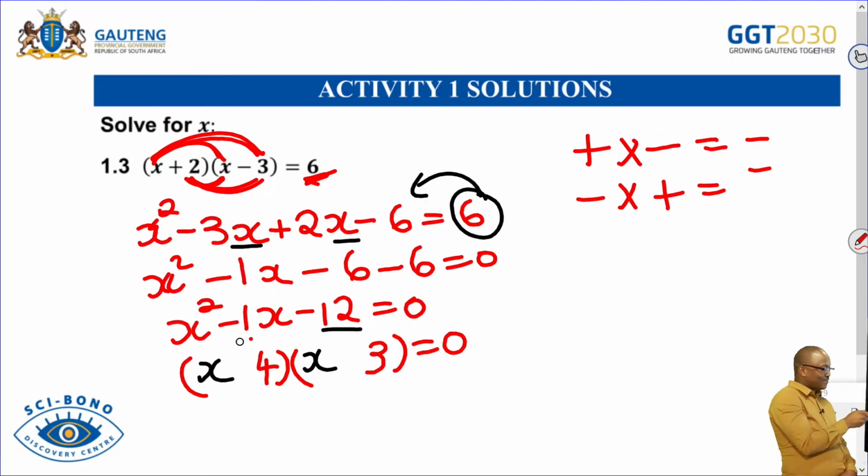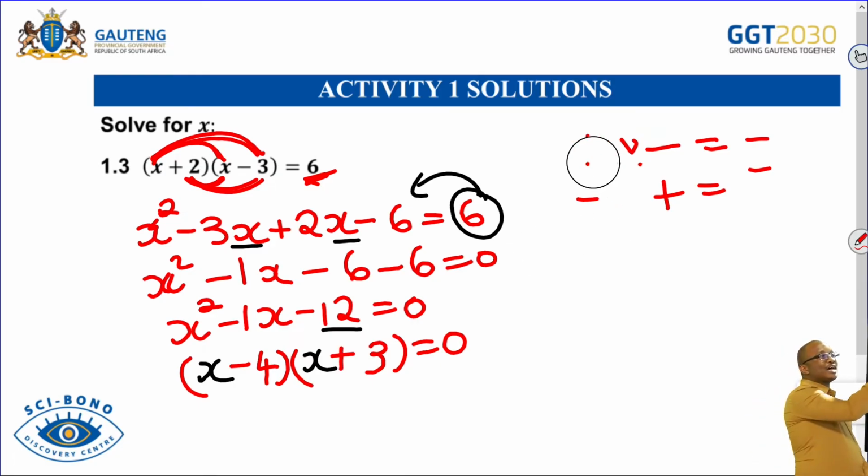The sign of the middle term there is negative. Then we're saying between 4 and 3, the bigger number is 4. And the bigger number will carry the sign of the middle term. So if the middle term is negative and the bigger number between 3 and 4 is 4, then 4 will be negative and 3 will be positive.